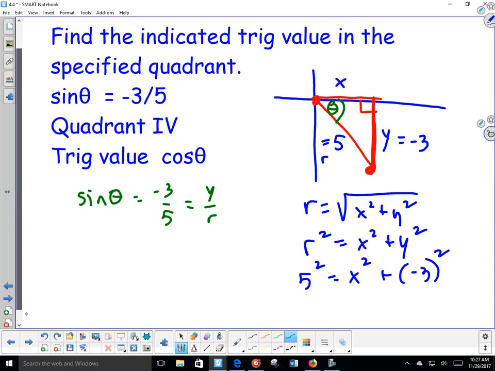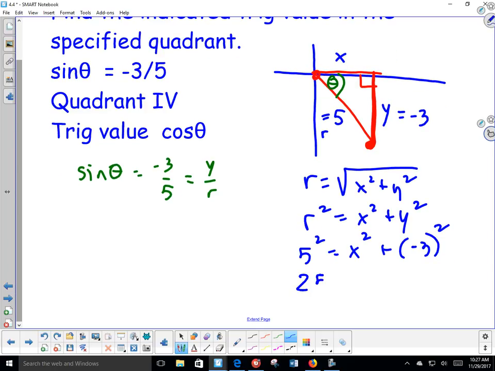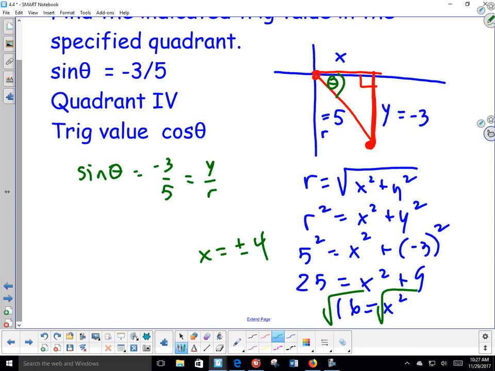So we're getting 25 equaling x squared plus 9. Did you get x squared equaling 16? When you take the square root, you need to remember plus or minus. So it's plus or minus 4. We're in quadrant 4, so is x positive or negative? Positive. So x should be a positive 4.